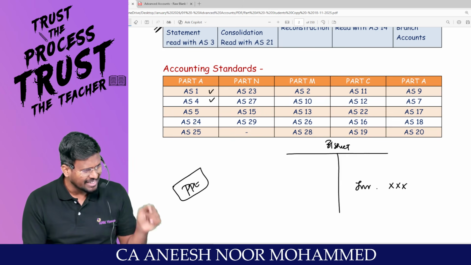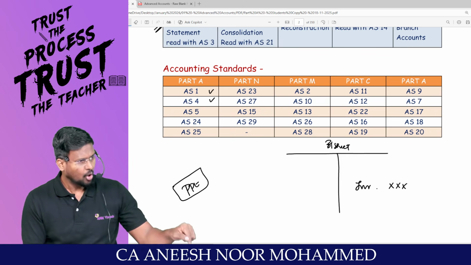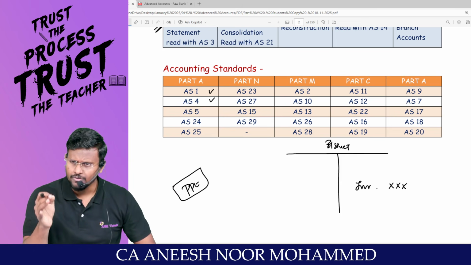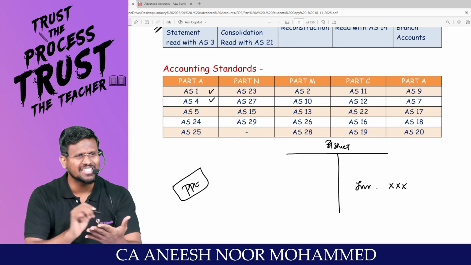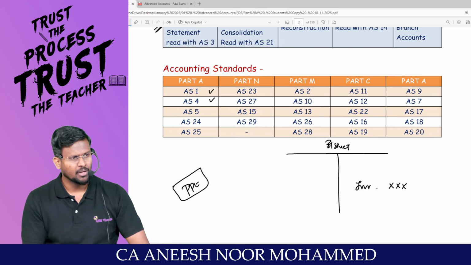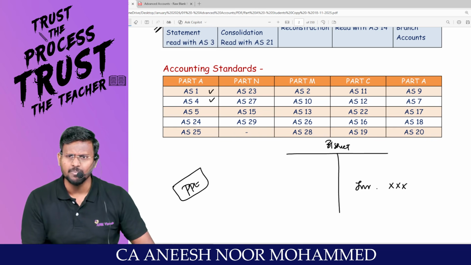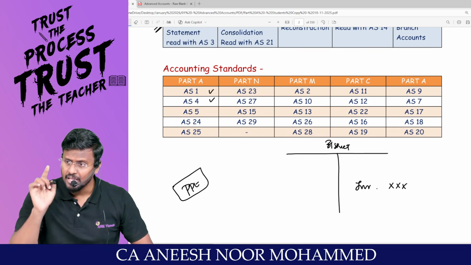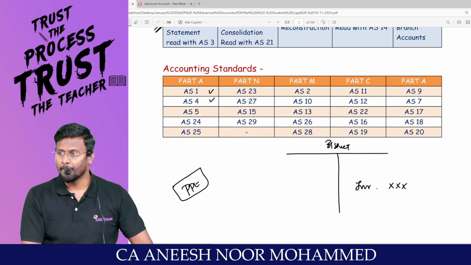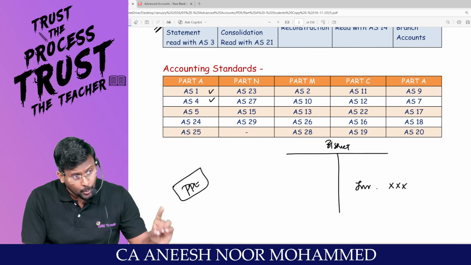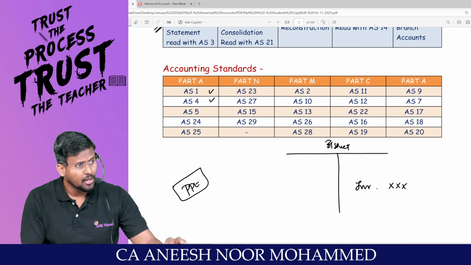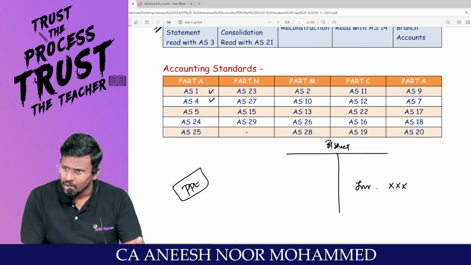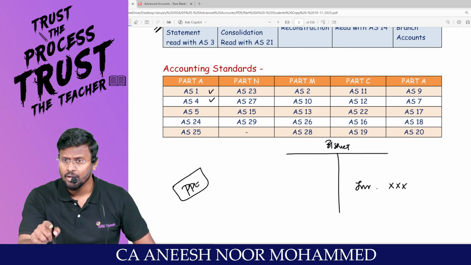But only on 30th of April or 30th of May or 30th of June, the board of directors signs the financial statements. For what date has the financial statement been prepared? 31st March. On 31st March, that PPE was a good PPE. But on the date of approval of the financial statements by the board of directors, there is actually no such PPE at all. That PPE has been damaged or destroyed.